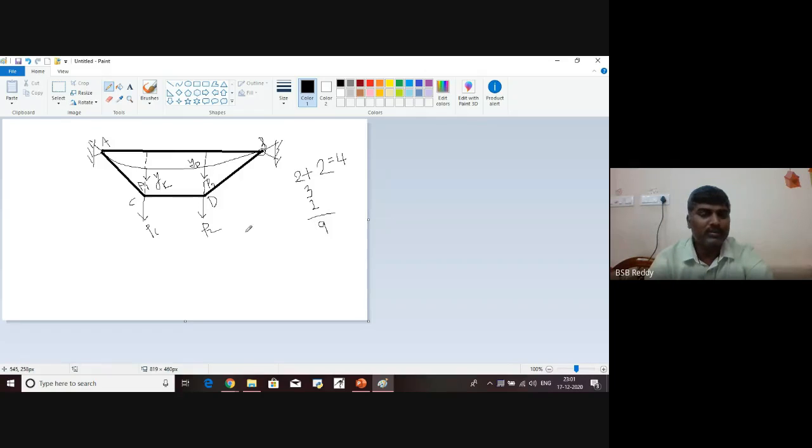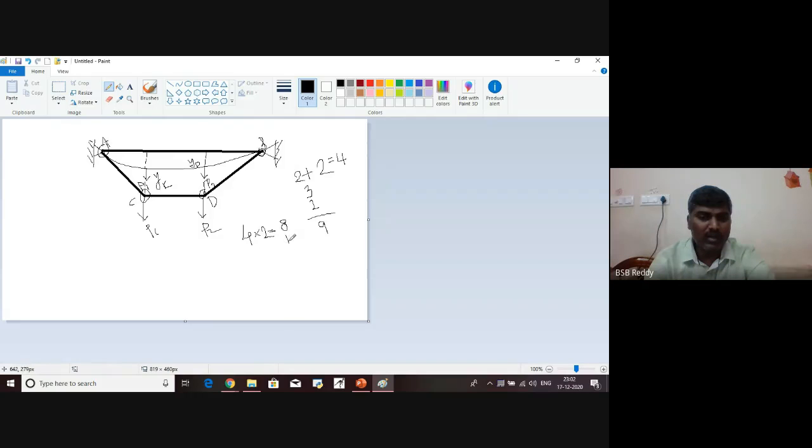These are unknowns. This is joint number 1, joint number 2, joint number 3, joint number 4. So 4 joints. Each joint has got two equilibrium equations. So hence what you have? 8 equilibrium equations.